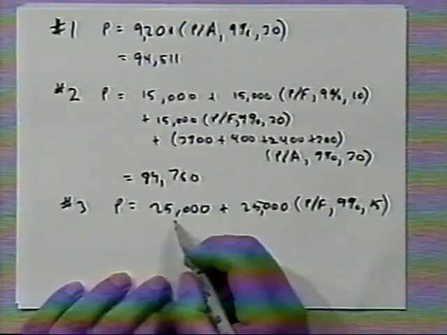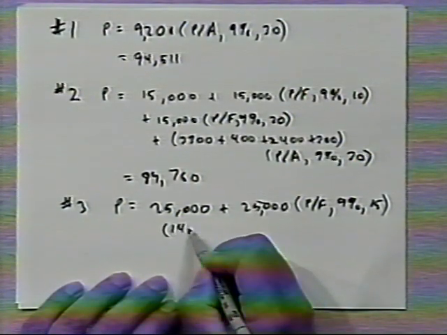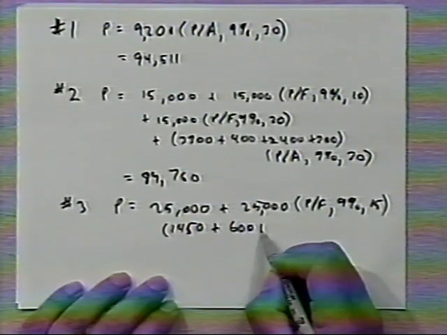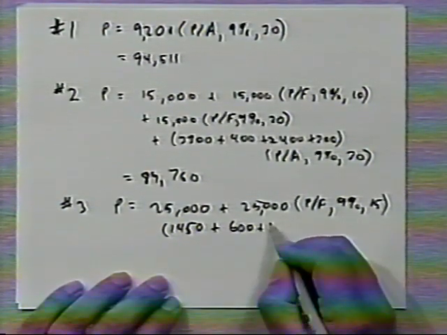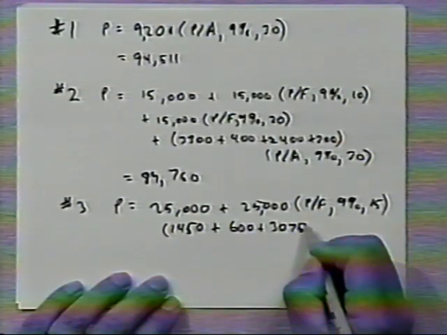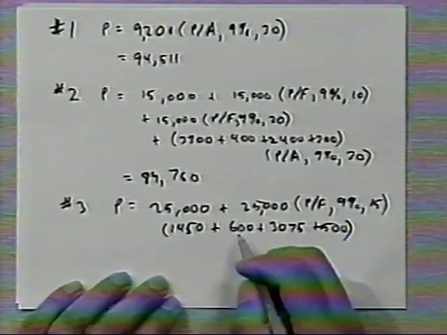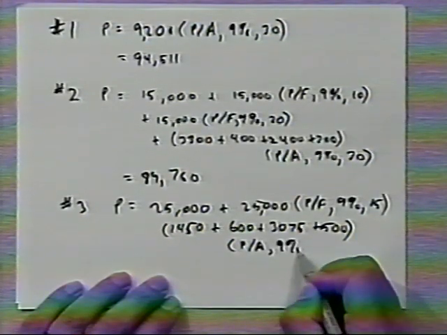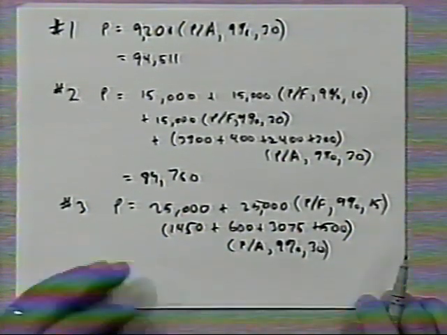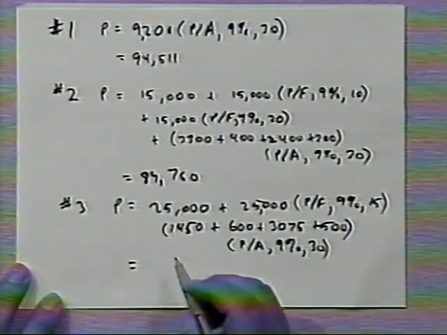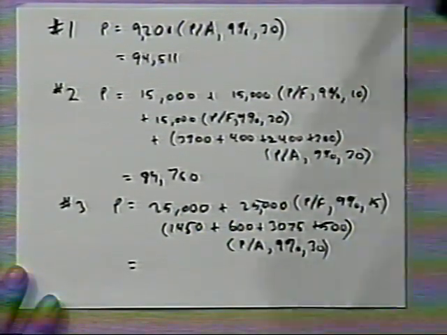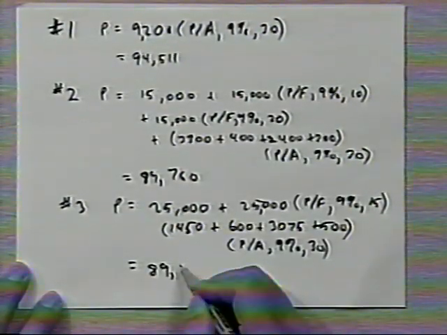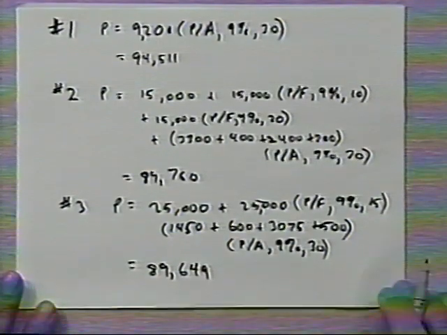And then the annual costs, $1,450 plus $600 plus $3,075 plus $500, brought to present worth over the 30 years. And the total there is $89,649.